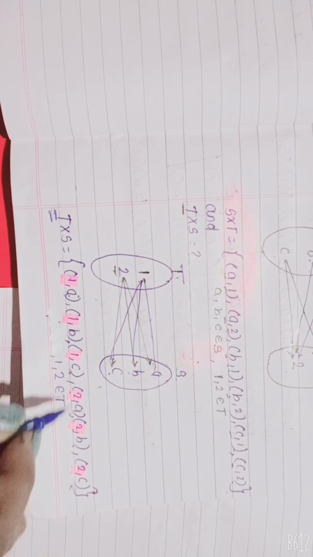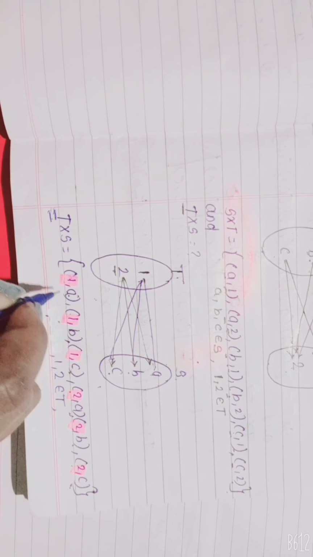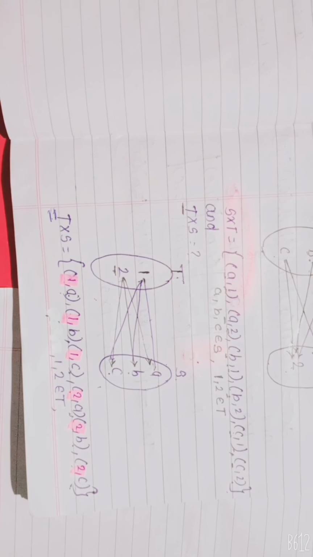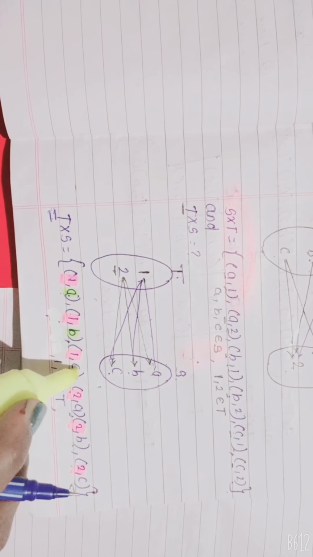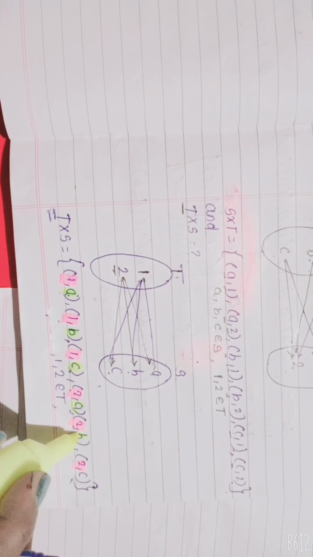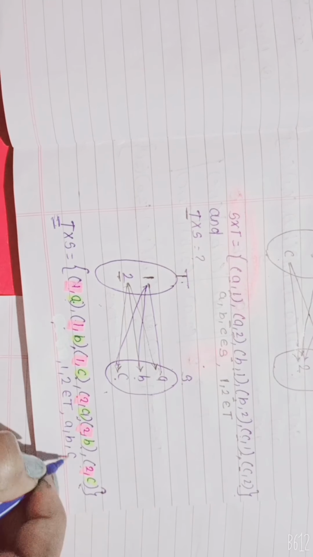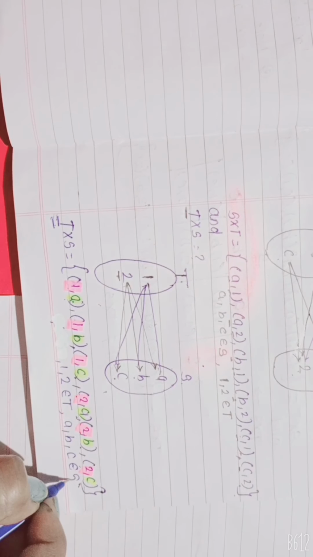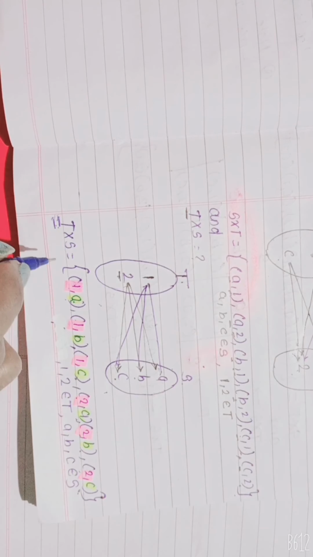All the first elements are from T, and all the second elements, which are a, b, c, are from the set S, which is the second set of the Cartesian product T cross S.